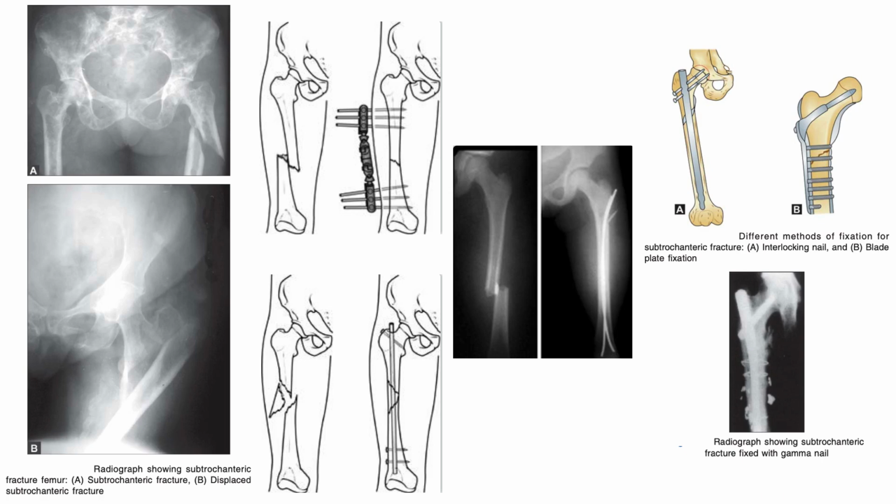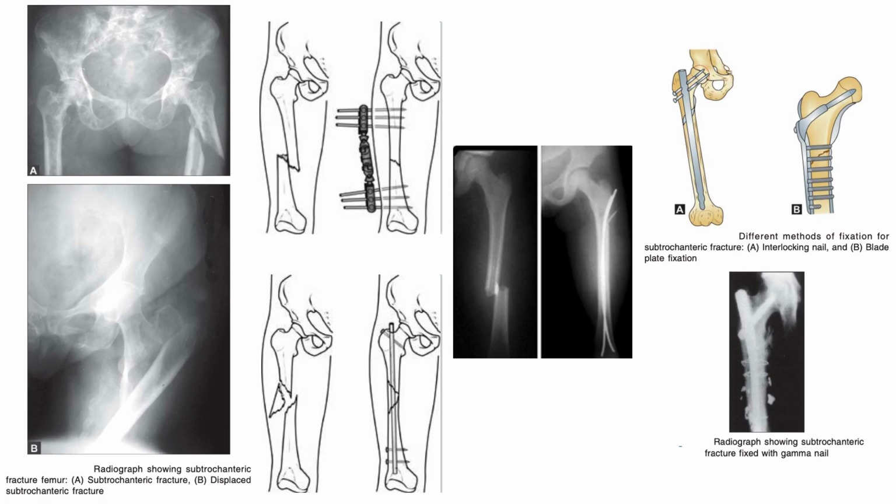Also, the recent trend in the fixation of pertrochanteric and subtrochanteric fractures is the gamma nail, and stable osteosynthesis of subtrochanteric and pertrochanteric fracture femur is obtained independently of the fracture classification.